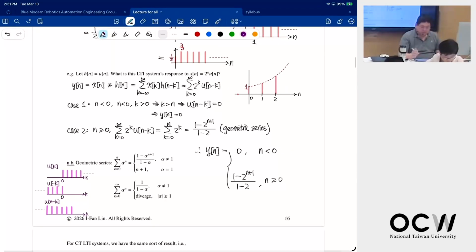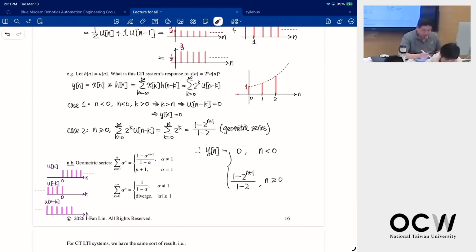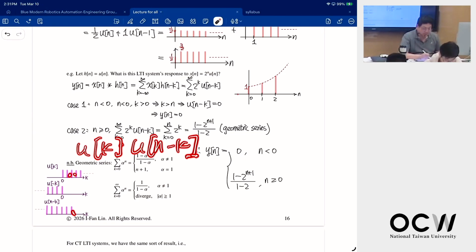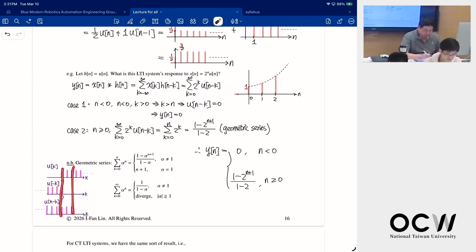Now you can see clearly that when u[k] times u[n minus k], what is the result? This and this. I may only have this part, right? So it is still u[n minus k], but now k is from 0 to infinity, starting from 0.